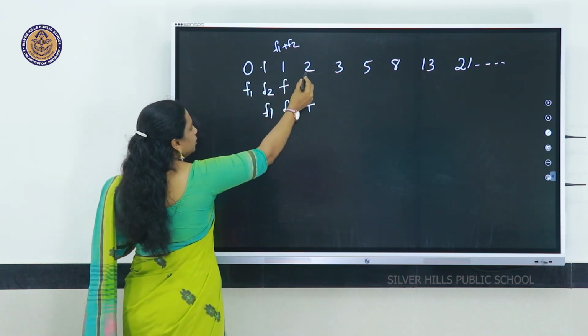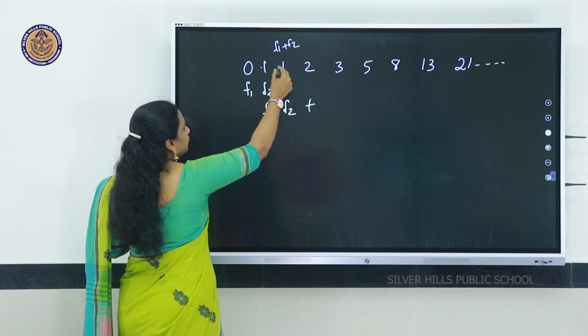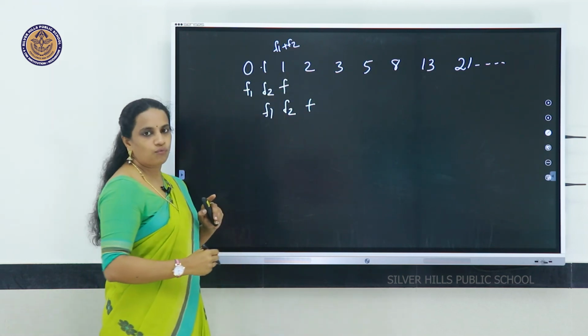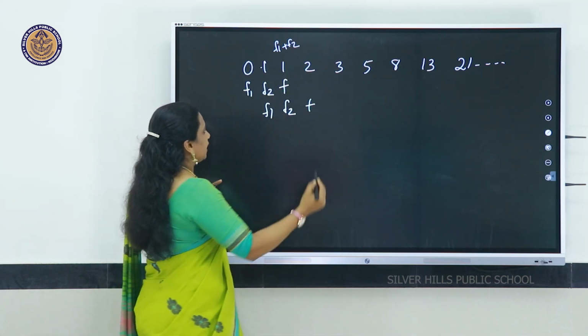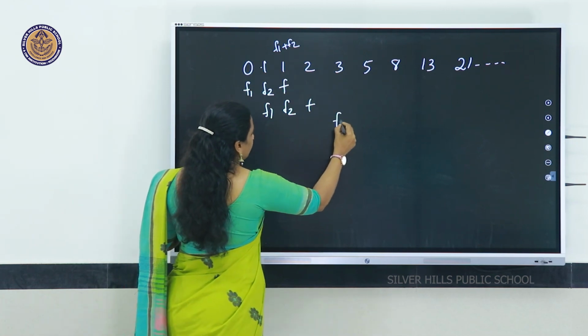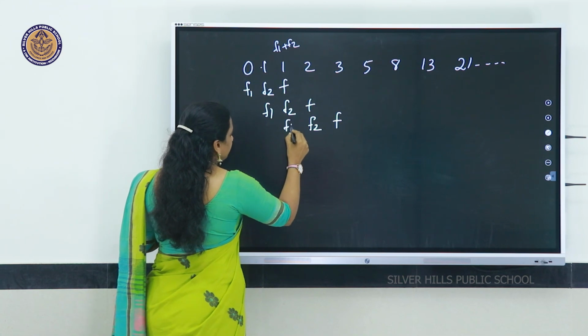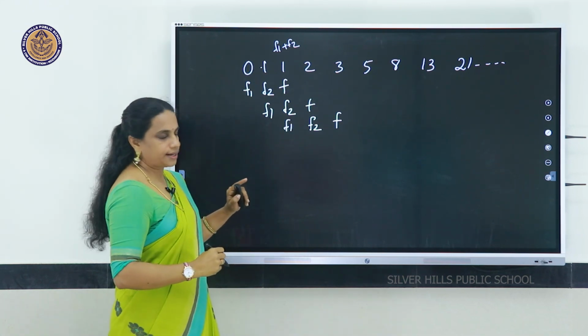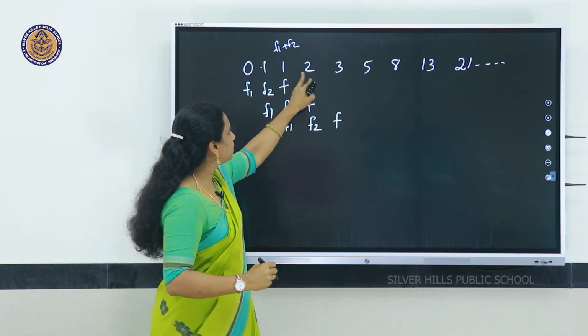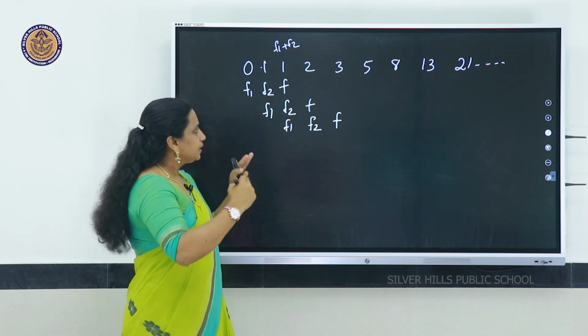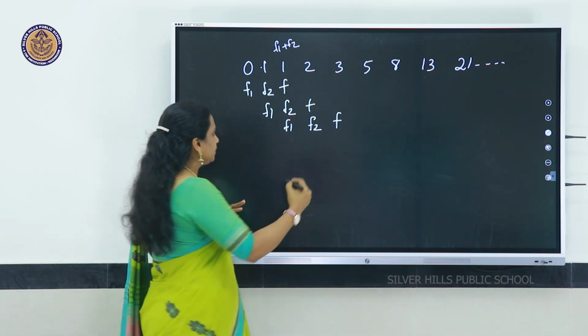For example, 2 is the sum of F1 and F2, that is 1 plus 1. Next time this 3 will become F, this number will become F2 and this number will become F1. That is F1 plus F2, 1 plus 2 is equal to 3. This will continue like this.